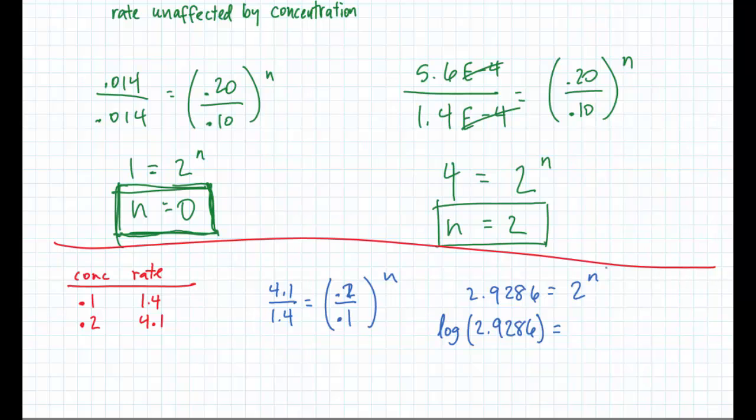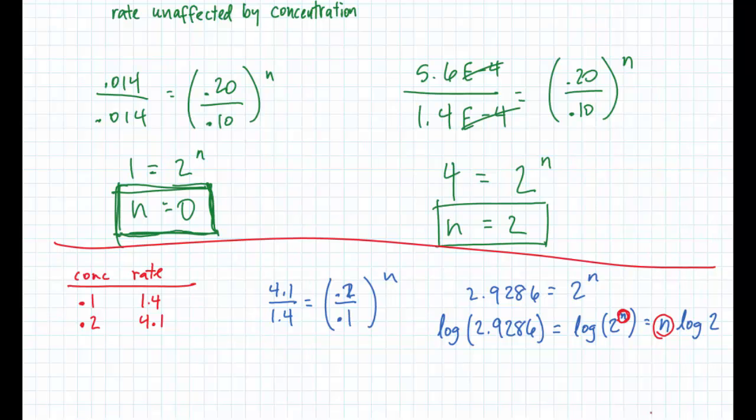So we could just say log 2 to the n, but that equals n log 2. It may have been a while since you've seen that in your algebra class, but that's how you get a variable out of an exponent, by taking the logarithm of both sides.